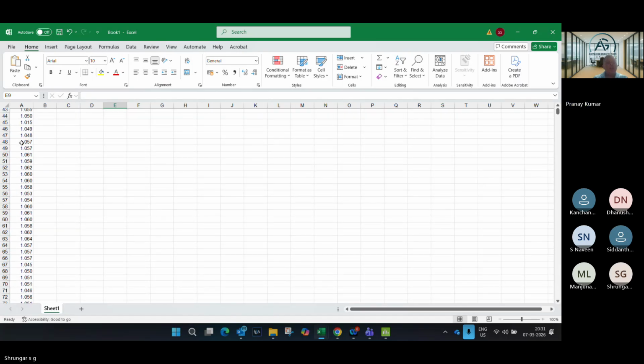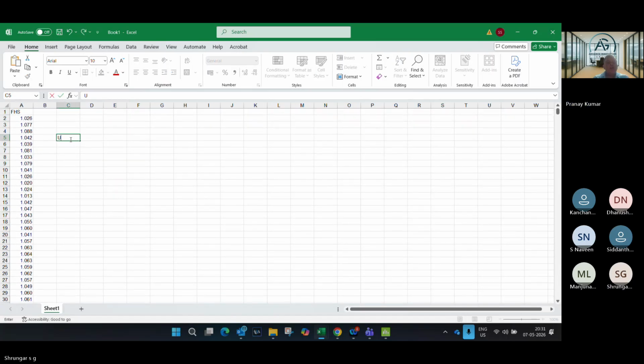My USL is 1.09. My LSL is 1. Go to Minitab.